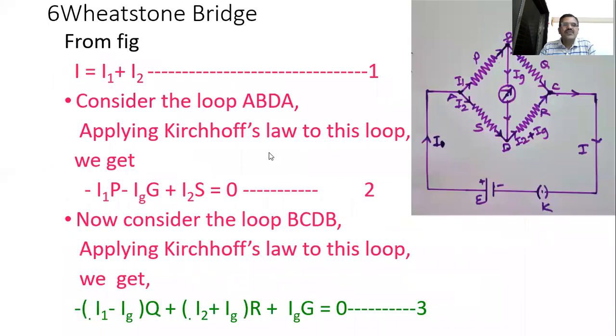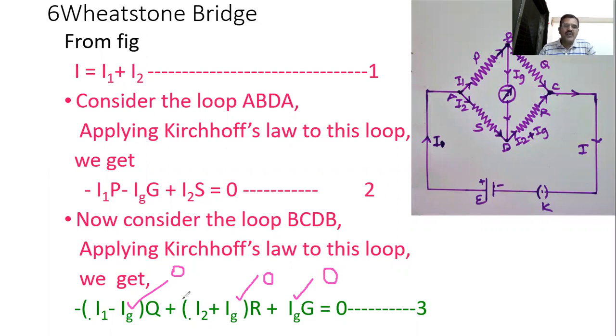Now let's substitute Ig is equal to 0 in equation 3. Which terms will become 0? The term Ig into Q will be 0, the next term Ig into R will also become 0, and the third term Ig into G will also be 0.